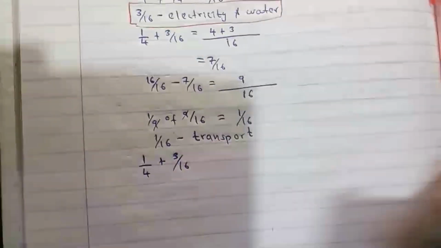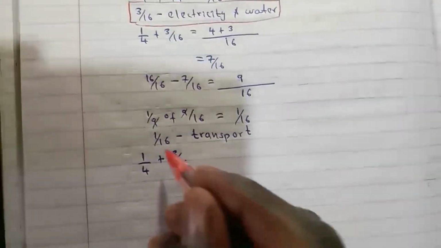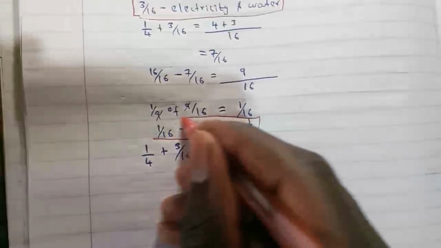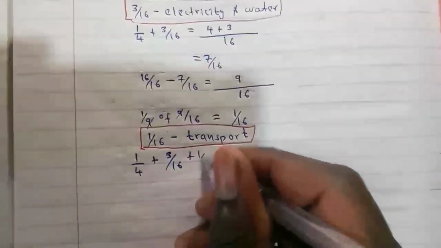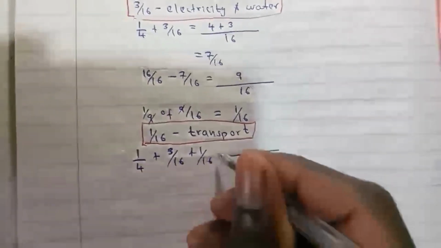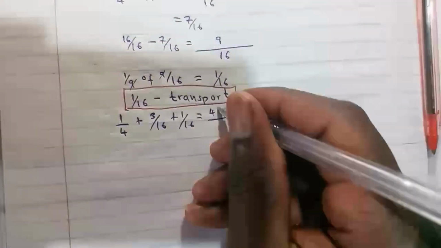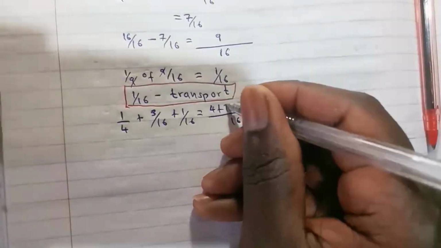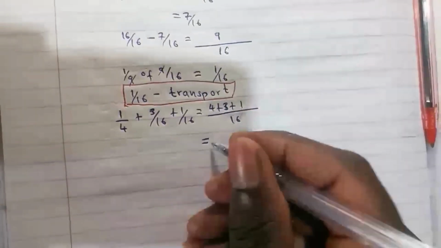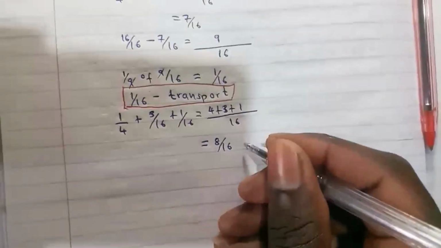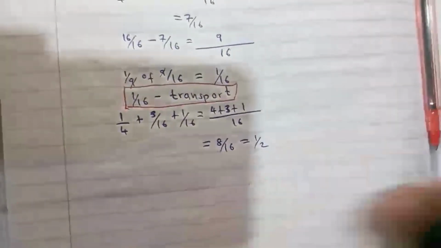And again, he has spent 1 over 16 on transport. The LCM is 16. 4 goes into 16 4 times, plus 3, plus 1. 4 plus 3 plus 1 is 8 over 16, which is the same as half.